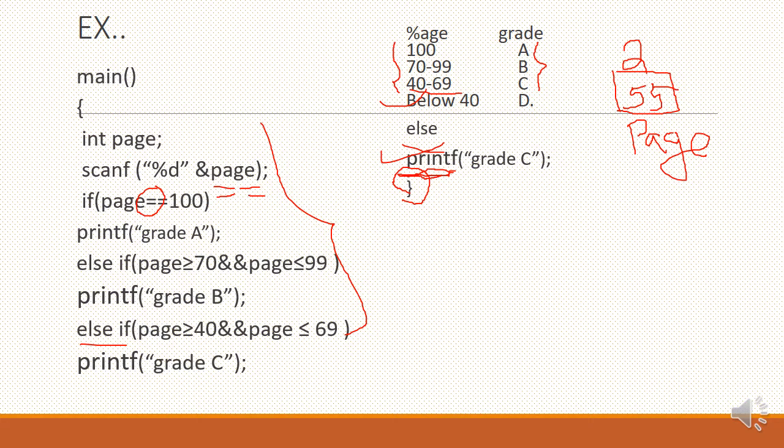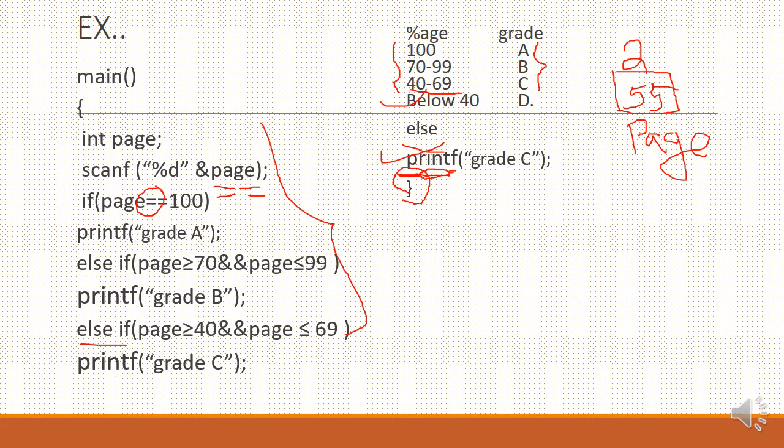It checks is 55 equal to 100? The condition is false, so it is not going to execute this statement. It comes here. Is 55 greater than or equal to 70? Here the condition is false. When this is true, it checks for this one; when this is false, this is not executed.